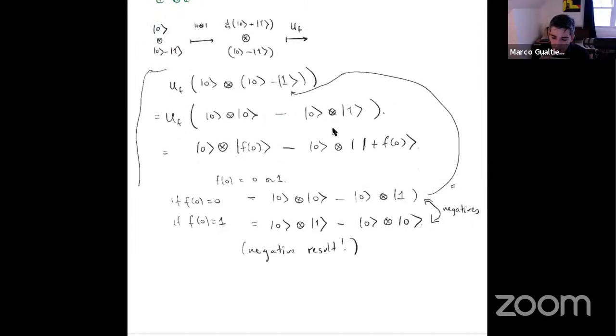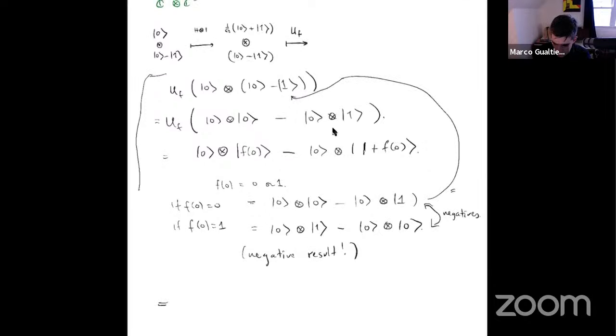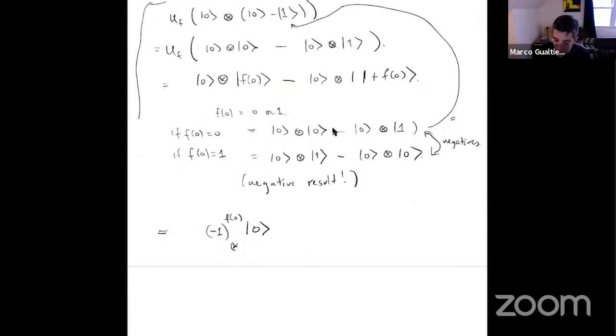Okay, so another way of writing this answer, which is a shorthand, is that we could write it like this: minus 1 to the f of 0 tensored with the same input.